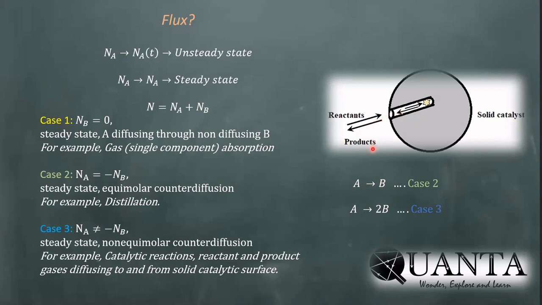That would be case 2. In case 3, as we can see, 1 mole of A is moving inside the pore to the catalytic site, and when the products come out, there are 2 moles of the product. So it is non-equimolar. The number of moles of B is twice that of moles of A. That is case number 3.